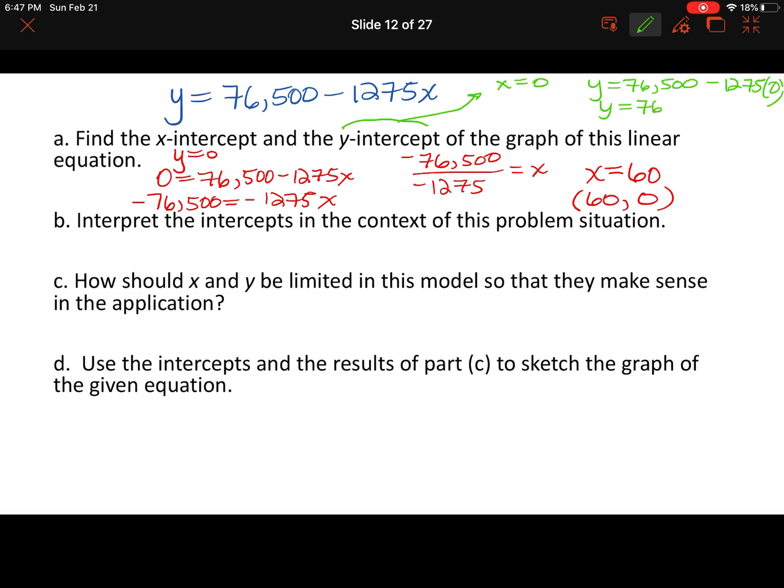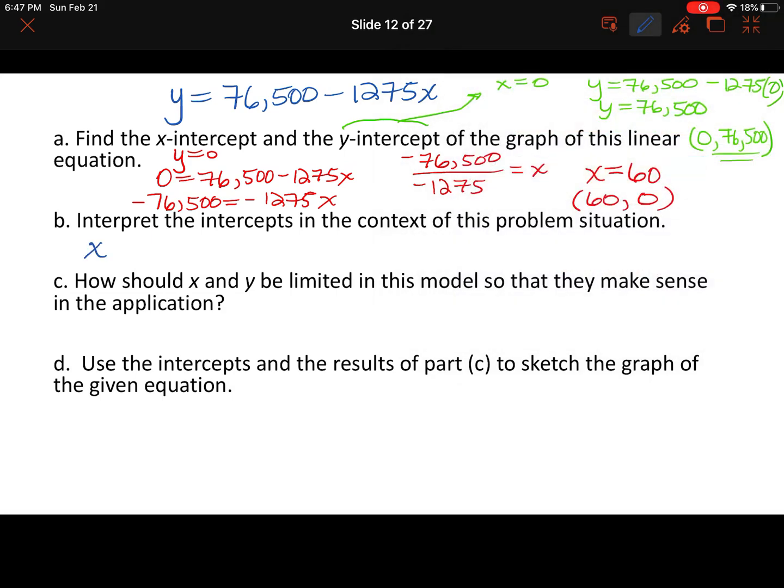Y equals 76,500. What does that mean? That means if you make no payments, your balance is still 76,500. All right. So interpret the intercepts in the context of the problem. I was speaking too fast. That's what we were doing in the interpretation whenever I was speaking.